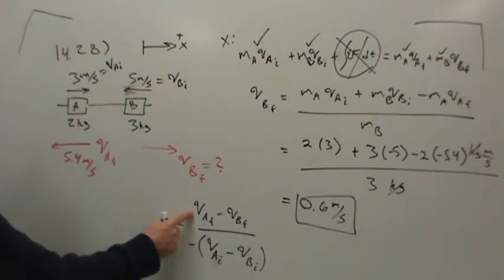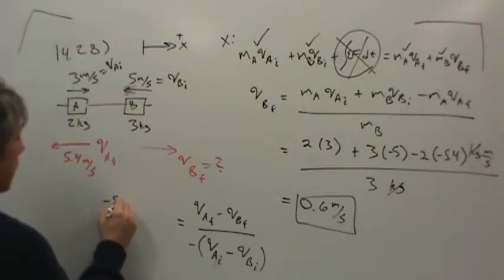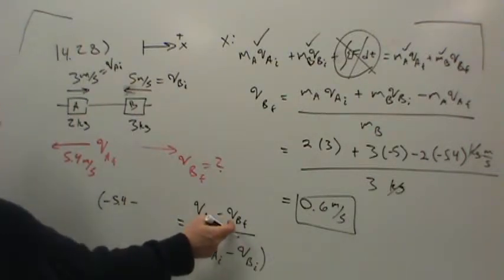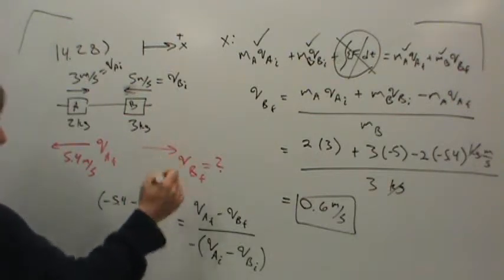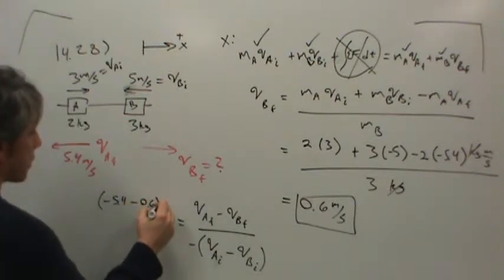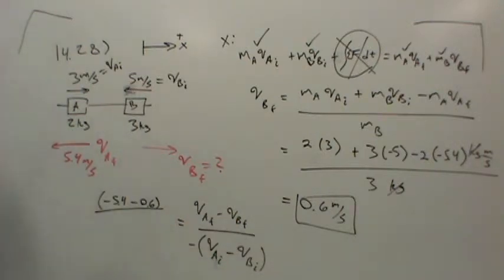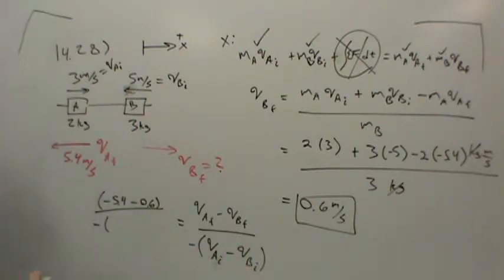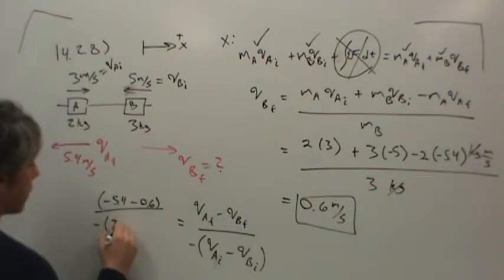So the final velocity of A, we know, is negative 5.4. The final velocity of B is, let's see, 0.6 meters per second to the right. Notice the numerator will be meters per second, so will the denominator, so there's no need to write down the units. The negative of the relative velocity initially, well, the velocity of A initially is 3 meters per second.